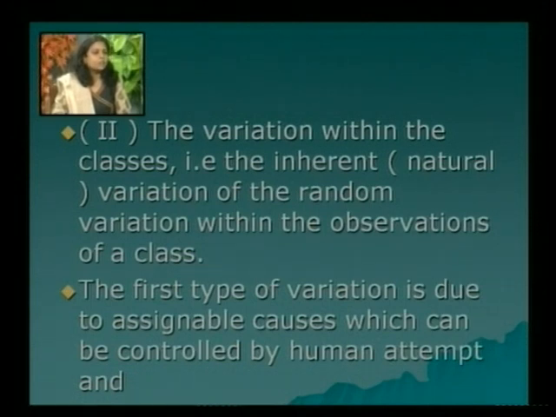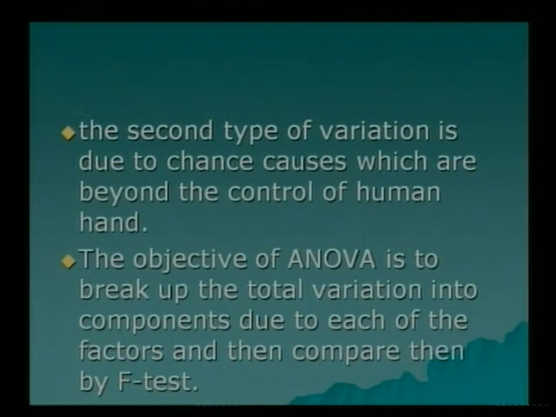The first type of variation is due to assignable causes, which can be controlled by human attempt, while the second kind of variation is due to chance causes, which are beyond the control of human hand.